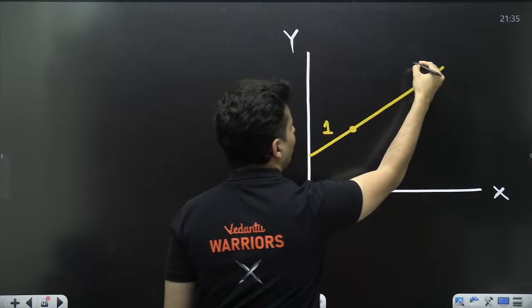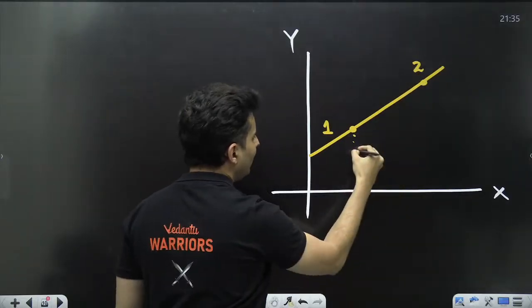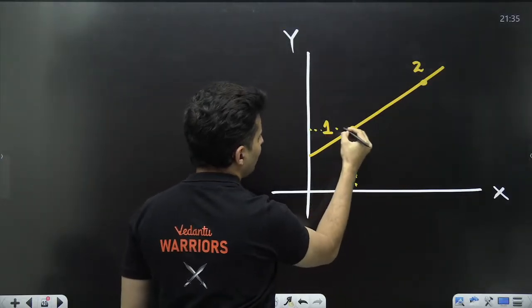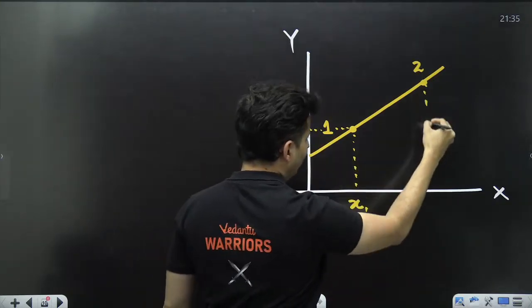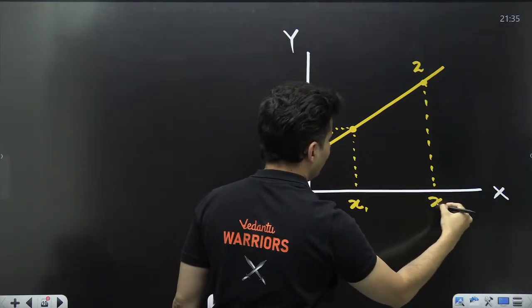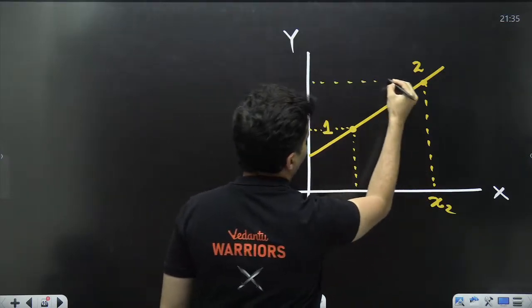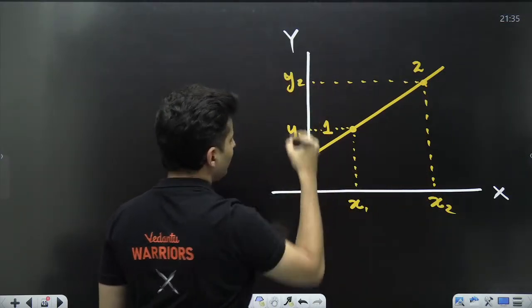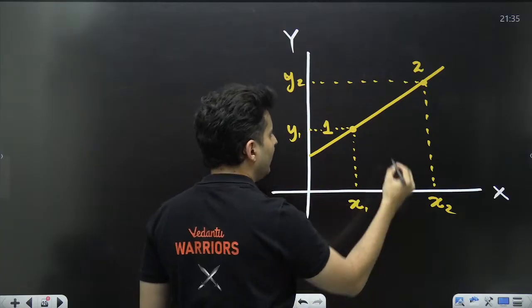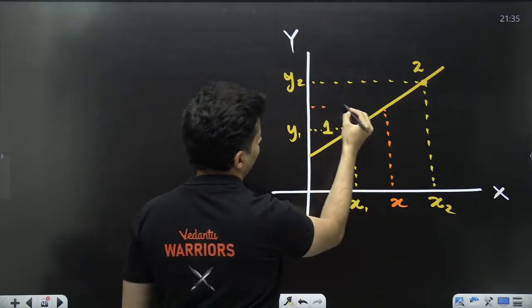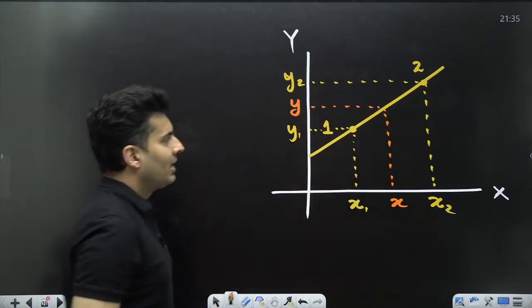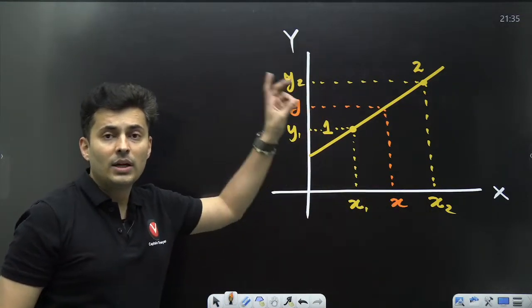Point number 1 has some coordinates, I will call it x1, y1. Point number 2 has some coordinates x2 and y2.